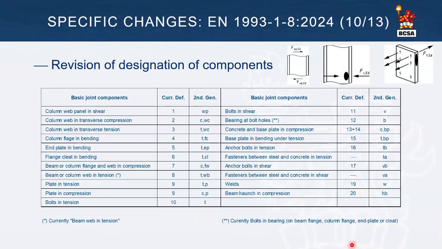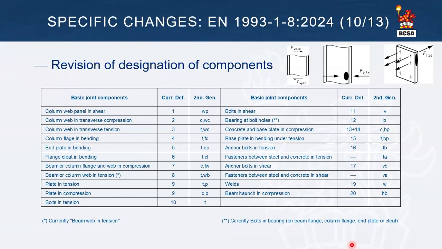Another relevant modification in the second generation relates to the component designation. The list of components is now given in table 8.1, but all individual properties, so resistance and stiffness coefficient, are now given in a separate annex. It's the new Annex A. The components are no longer referenced by a number.